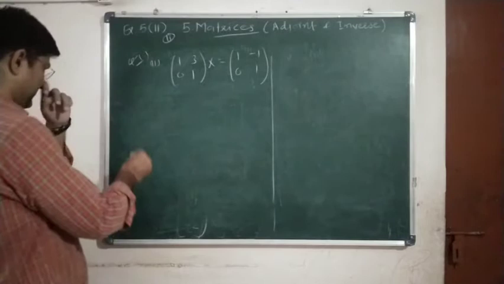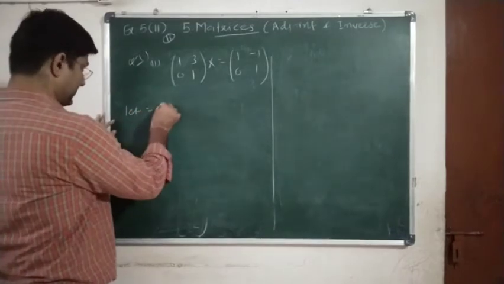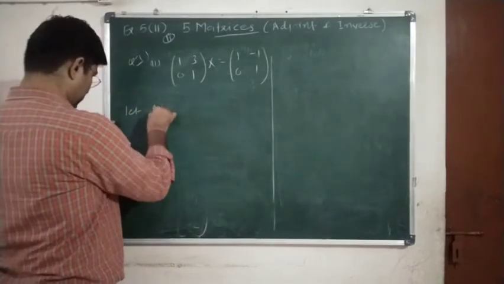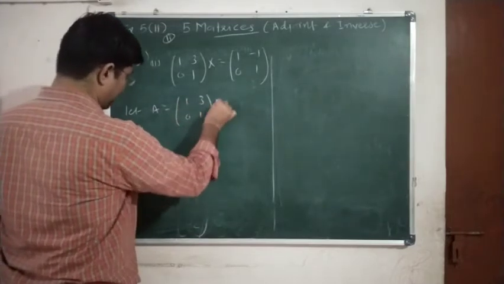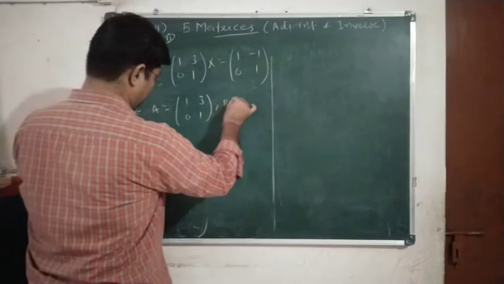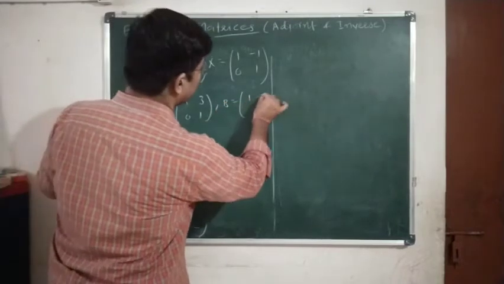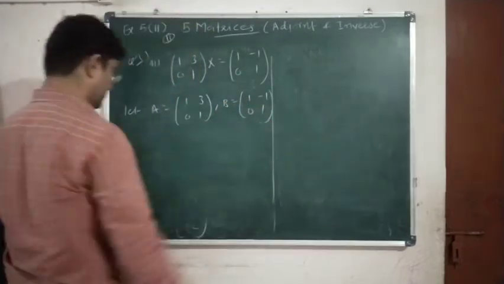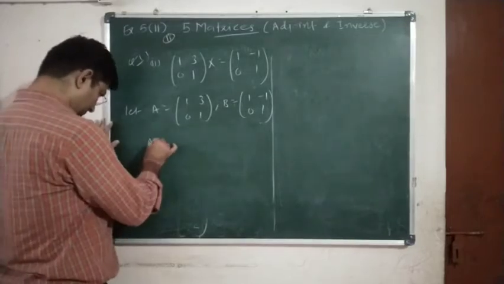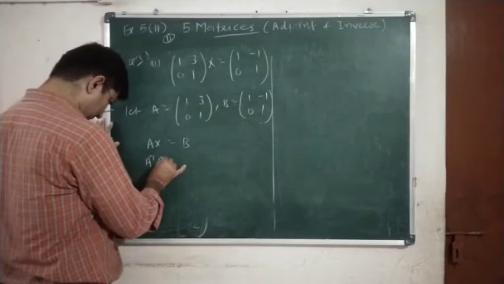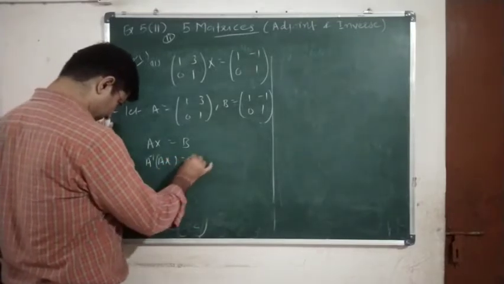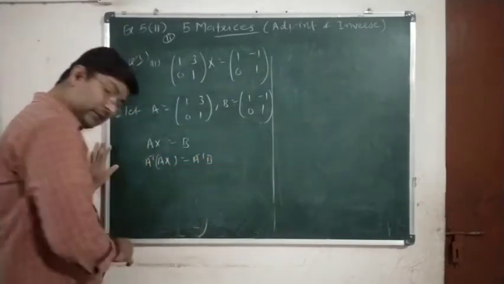So let us consider that the first matrix on the left is represented by A and the matrix on the right is represented by B. Now A into X is equal to B, so we can pre-multiply both sides. Yes or no?